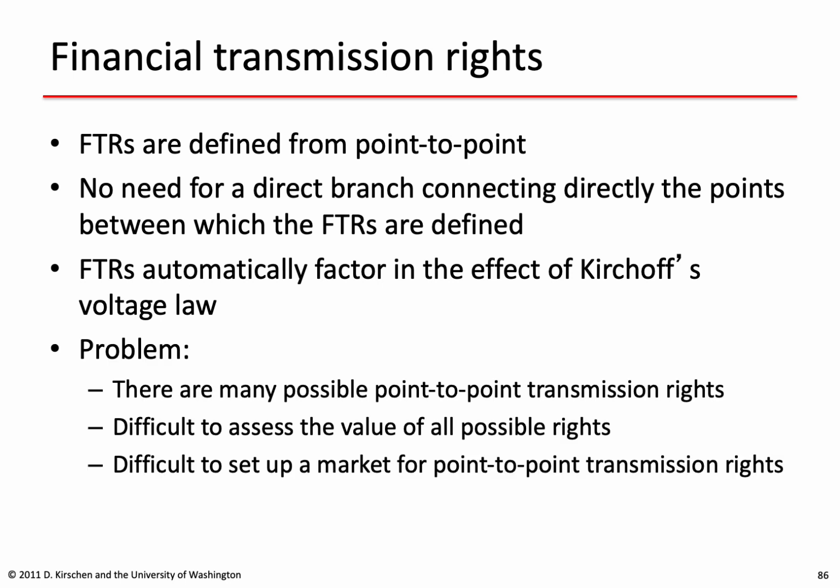Now, not everything is easy with financial transmission rights. There are many possible combinations of point-to-point transmission rights, and it's going to be difficult to assess the value of all the possible rights, and therefore setting up a market for point-to-point transmission rights is going to be somewhat difficult.